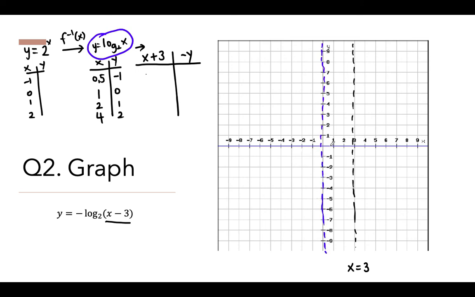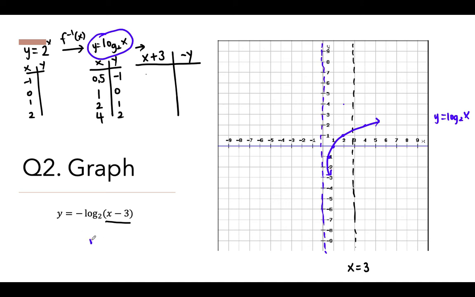And then 0.5 is negative 1, 1 is 0, 2 is 1, and 4 is 2. So this is my original, y is equal to log base 2 of x. Now what we can do is we have the transformation.